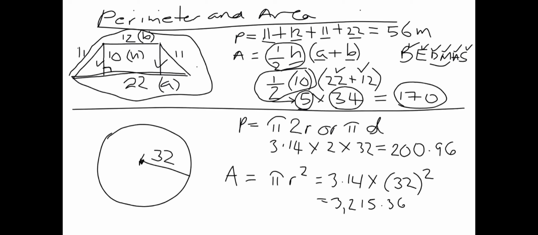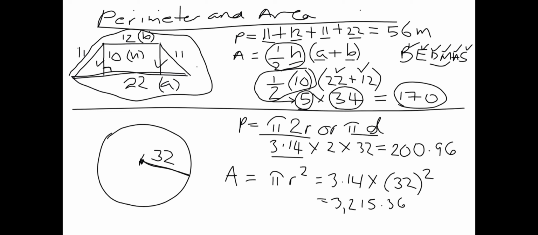So here we have perimeter, and the perimeter of a circle is equal to pi 2r or 2 pi r, whichever way you want to put it down. It's the same thing because they're all multiplying each other. And pi is denoted by 3.14, or we can do pi d. So in this case, we were only given the radius.